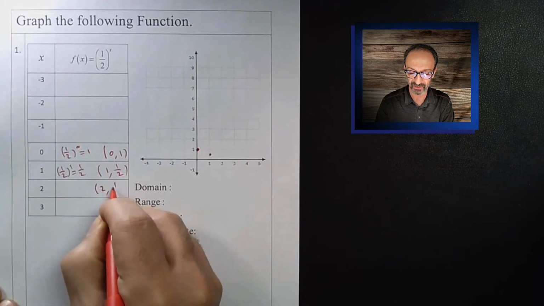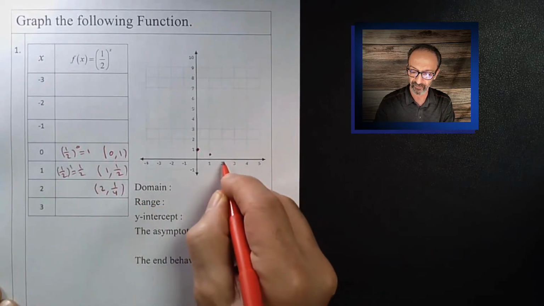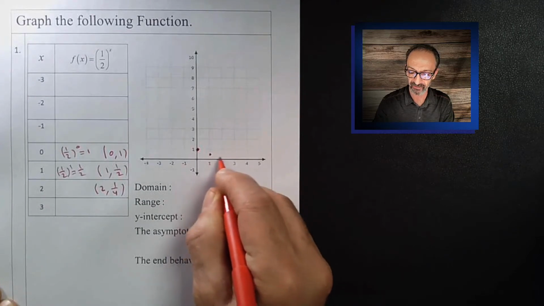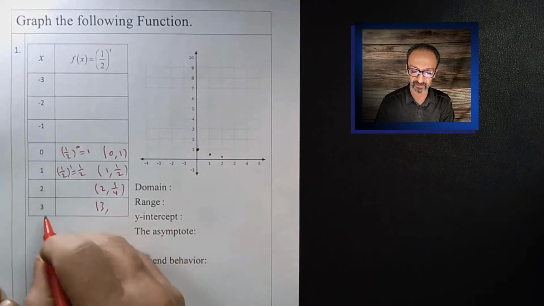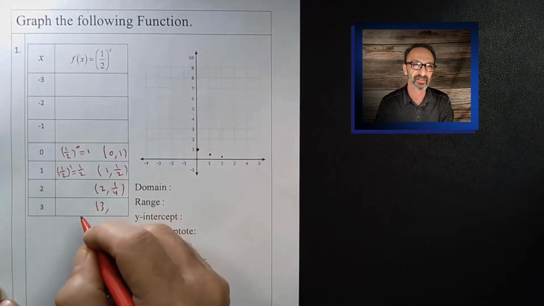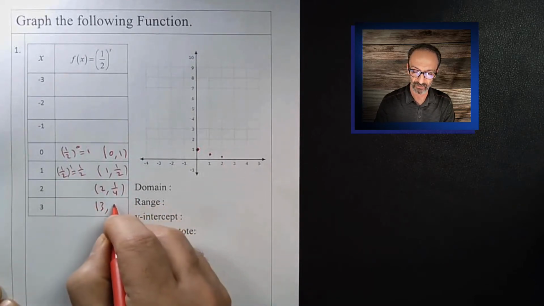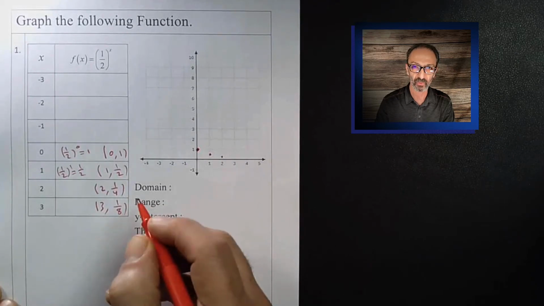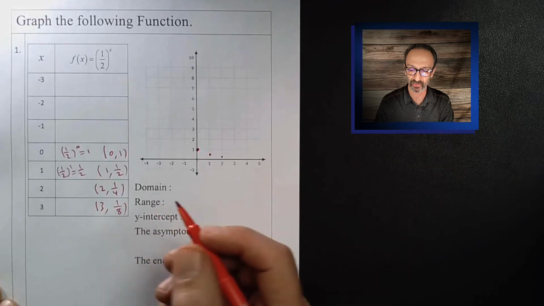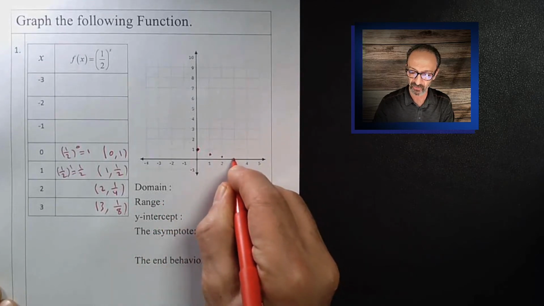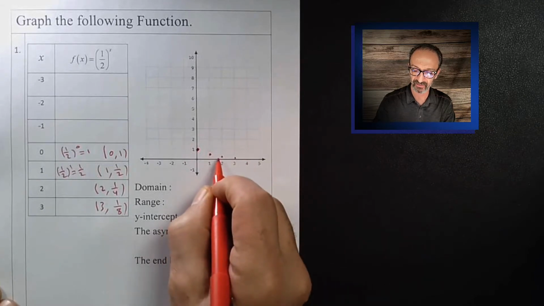So 2 will take me to 1/4. Half of half, which is 1/4. And 3 will take me to 1/2 to the third, and that's 1/8, which is exactly 0.125. Kind of hard to graph it by hand, but just to know it's lower than this.